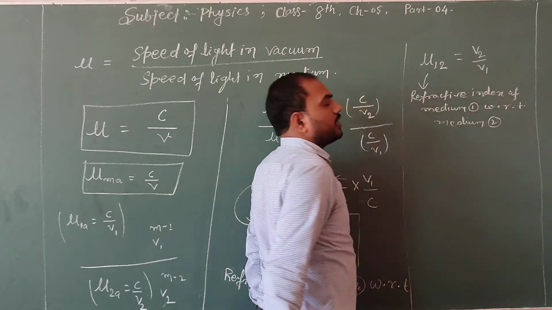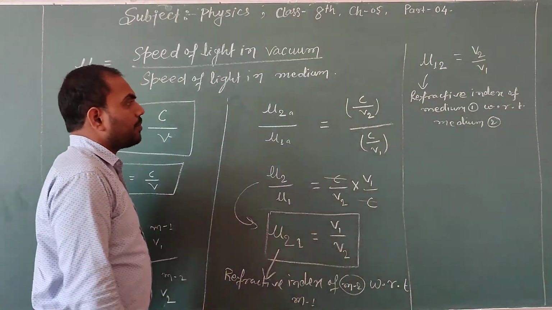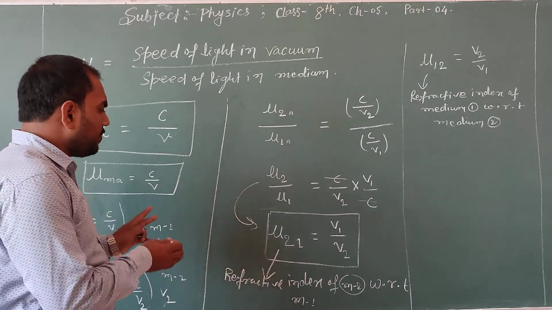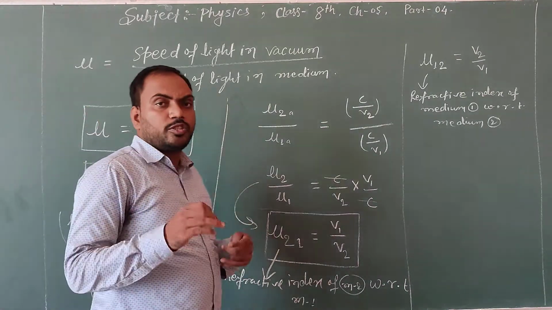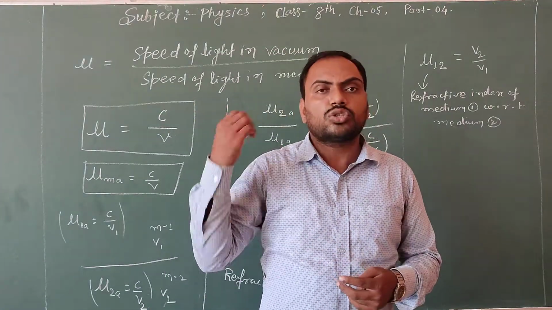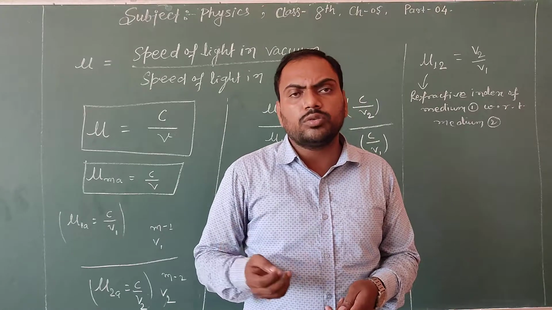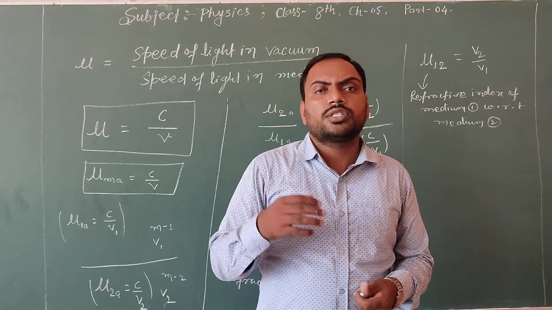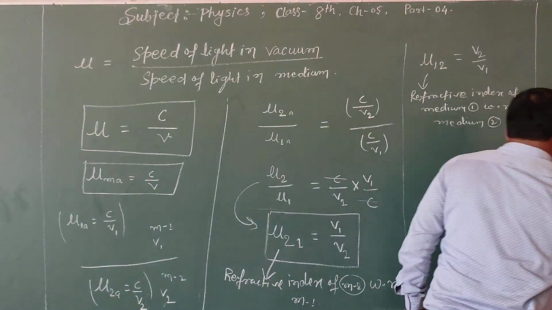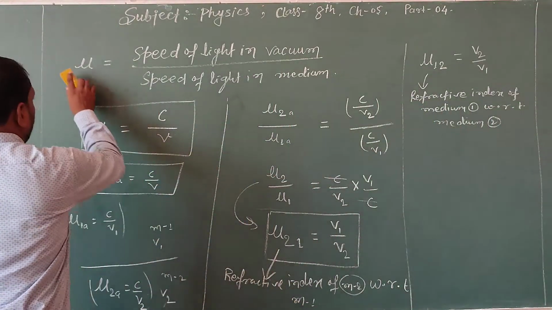Here I hope you understand and have an idea about this formula. So we have a relation between the speed of light and the refractive index of that medium. Now I am going to move on and do some numerical problems given in your book. Okay dear, just have it and understand it.